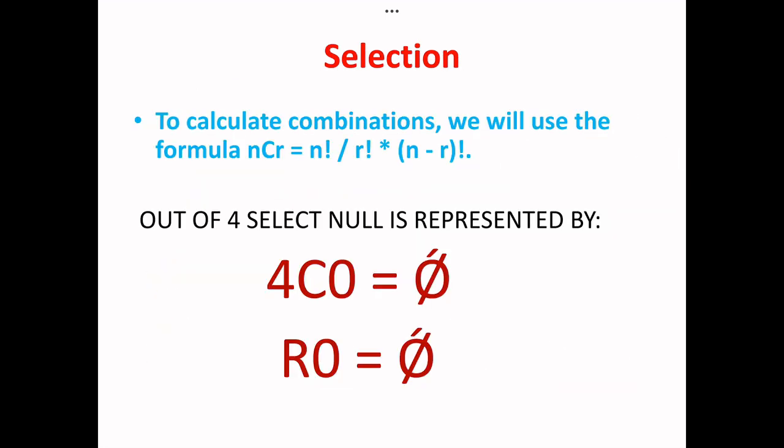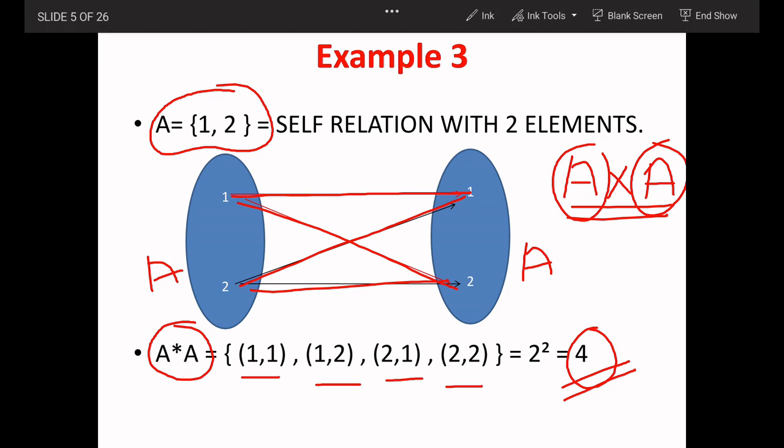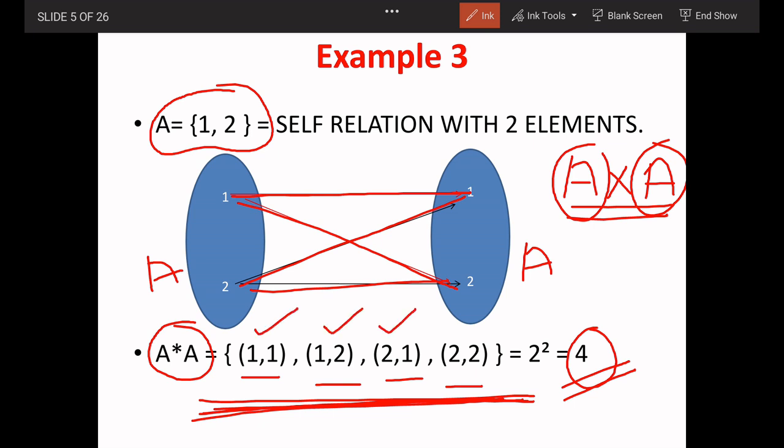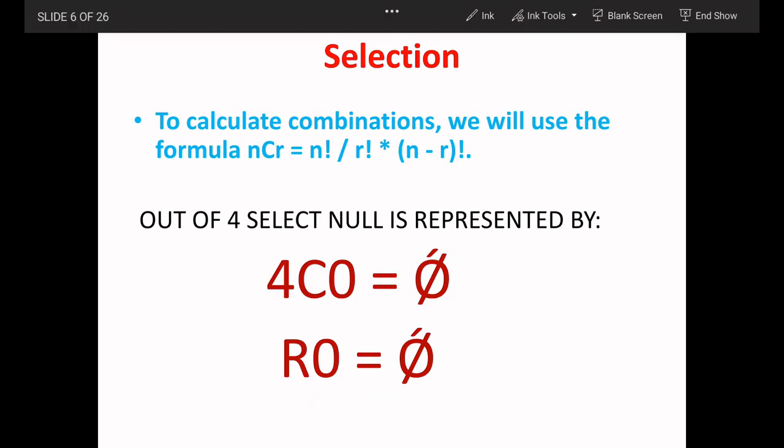Now the second one: there are a total of 4 cases. Case number 1, case number 2, case number 3, case number 4. Out of 4 cases, suppose you want to select 0, that is 4C0.